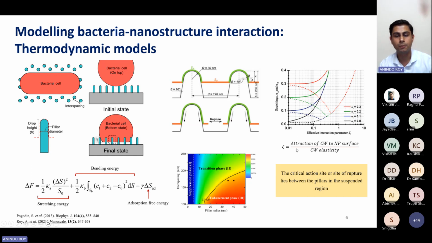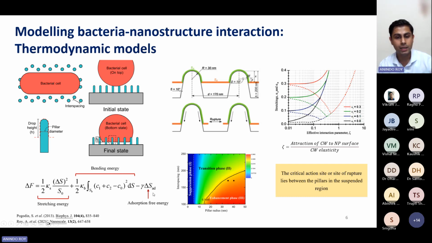So the main finding we can reach is that the rupture is actually occurring in the region suspended between the two pillars. It's not occurring at the pillar tip or the region which is adsorbed on the pillar. So we can gain insights about the critical action site.